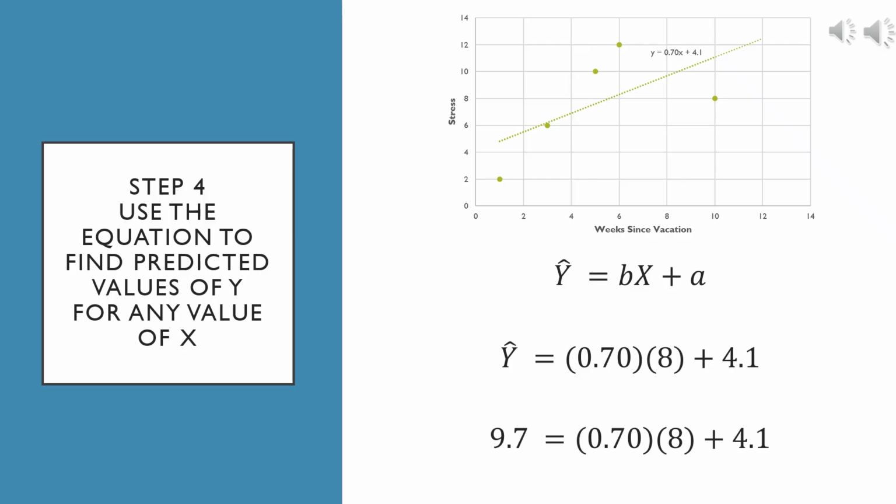Each of these data points represents one single person's score on both the x variable, which is weeks since vacation, and the y variable, which is their stress. You can see in general the trend line is going up and to the right, which means that these two things are going to be positively related. So as weeks since vacation increases, stress also tends to increase, especially you can see along this line.